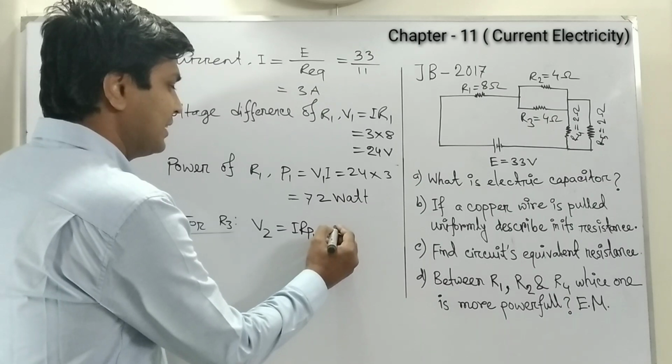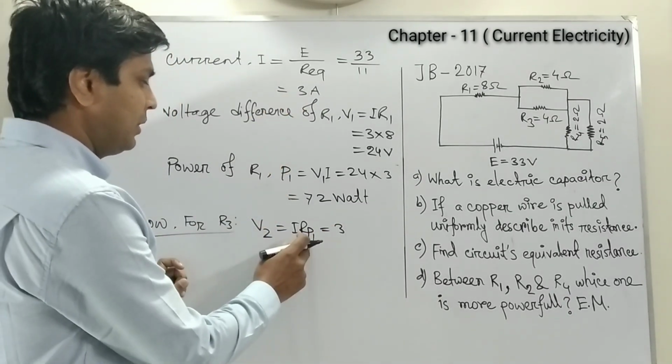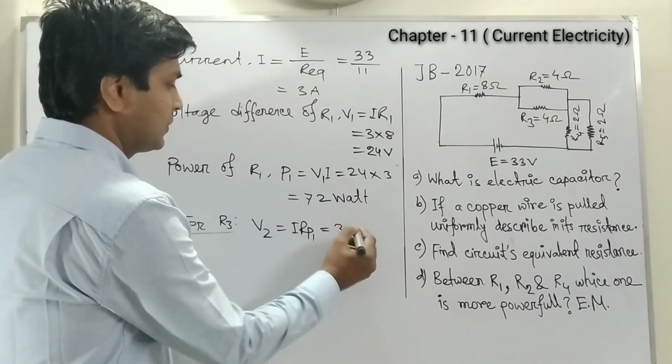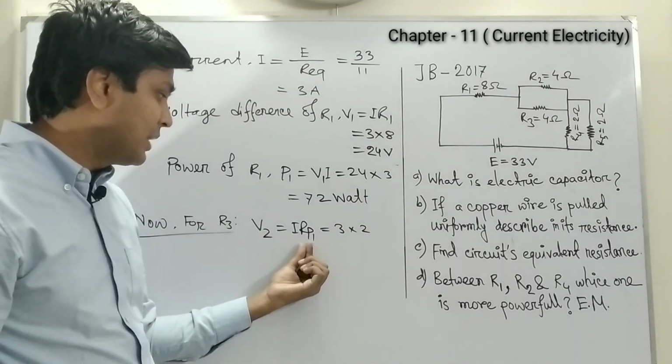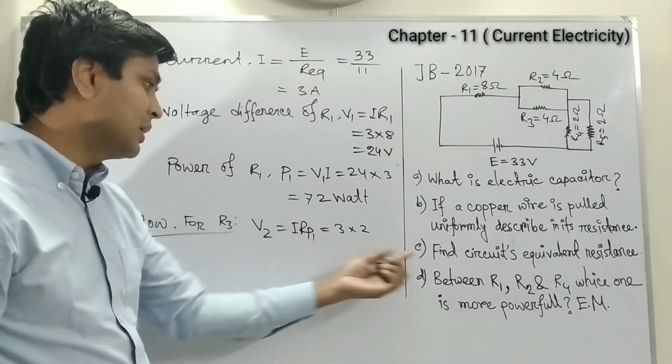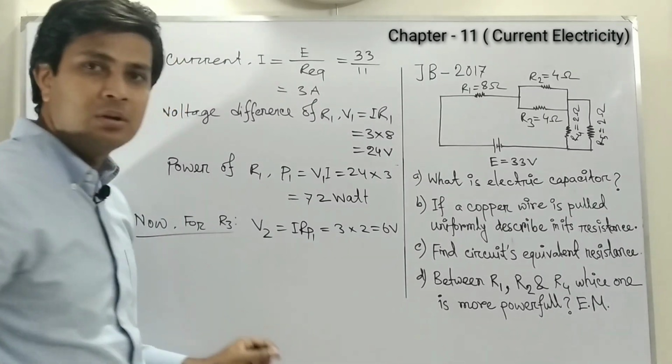The value of I is 3 ampere, and RP1 is 2. We have already calculated RP1 in part C of our creative question. So the voltage will be 6 volt.